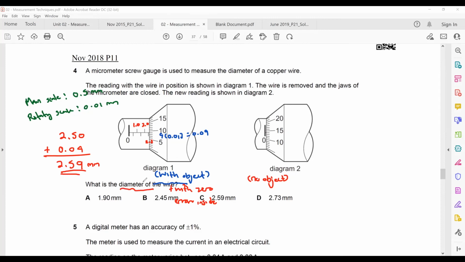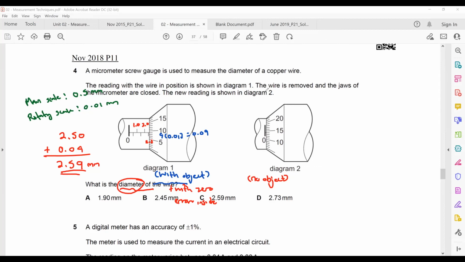When they ask you to find the diameter of the wire, it's understood they want the actual reading without the zero error. They want you to have corrected for the zero error. So if you put the answer as C, this one is wrong already because they want you to correct for zero error. You get what I mean?